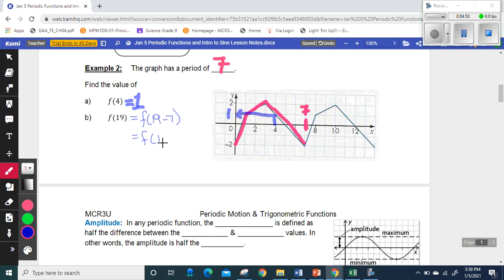What's 19 minus 7? 12. Can I read 12 on here? Oh, I can. Right there. So they're going to be equal, so that's equal to 0. Because it's repeating itself, I can find another point on the graph that's going to have the same y value.